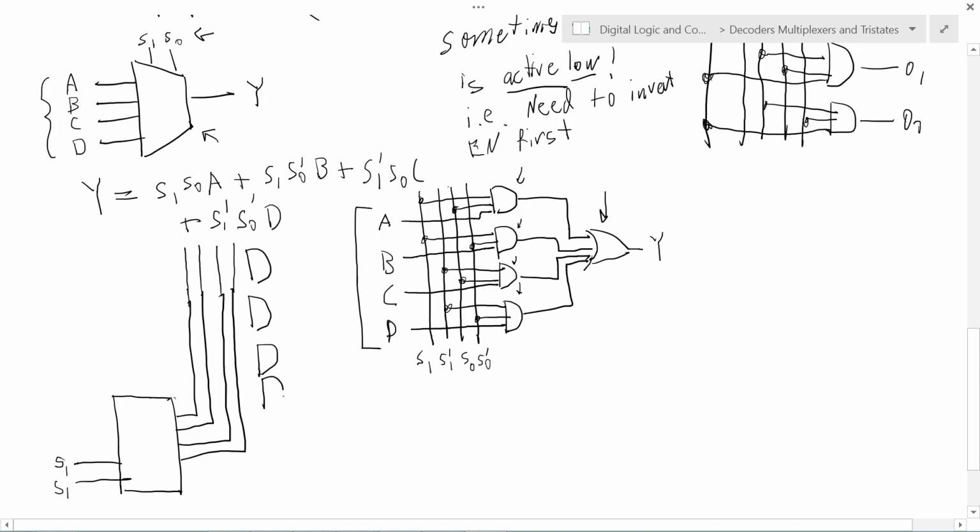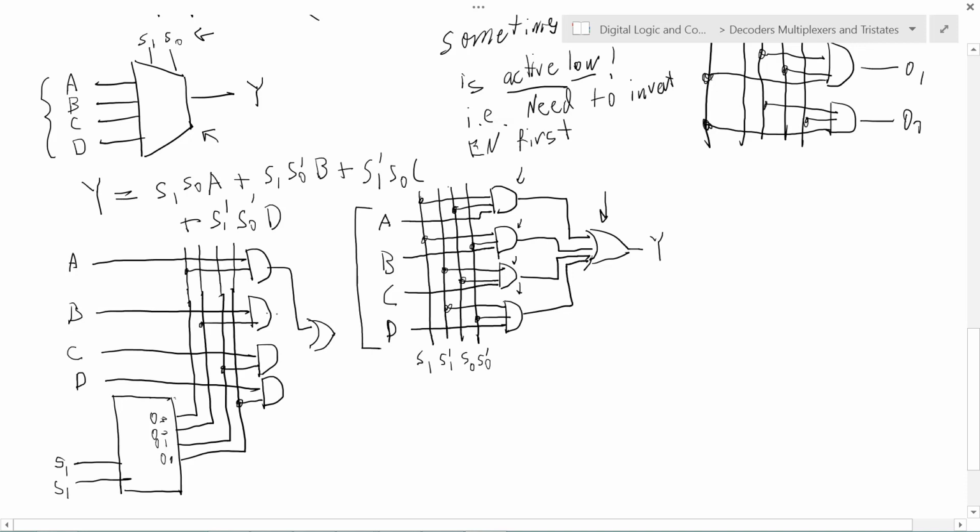We'll have input A here, input B here, input C, and input D. We will then AND with output 3, output 2, output 1, and output 0, respectively. And then we can OR these together.